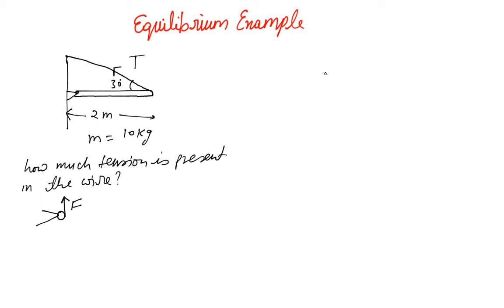Okay, so whenever we solve a problem like this, or in fact any problem in mechanics, we make a free body diagram. So we have the beam here, and we have a force F which is being provided by the support, and the force of gravity acting here, m times g, and there's a tension that is acting like that, and this angle we know is 30 degrees.